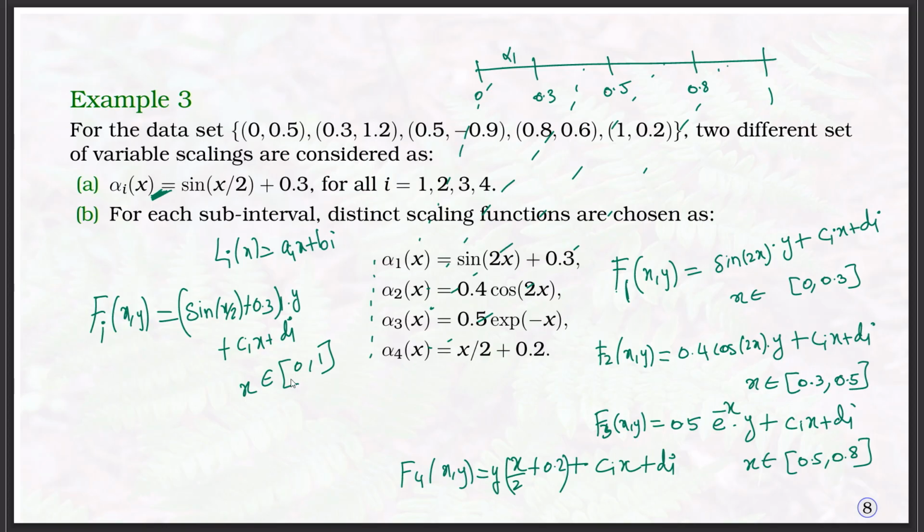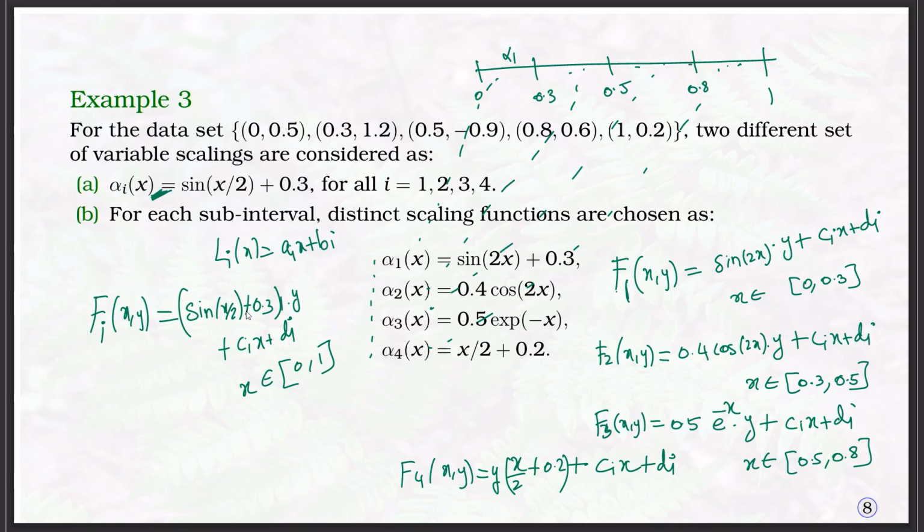So again, what is the difference? In each interval we are choosing a different vertical scaling factor, whereas here, throughout the region 0 to 1, we are choosing the same variable vertical scaling factor.